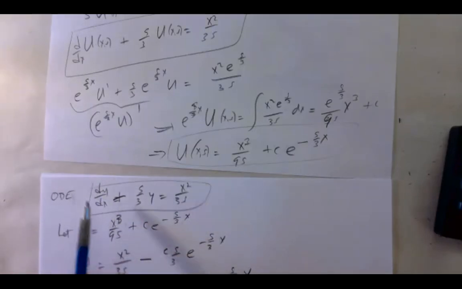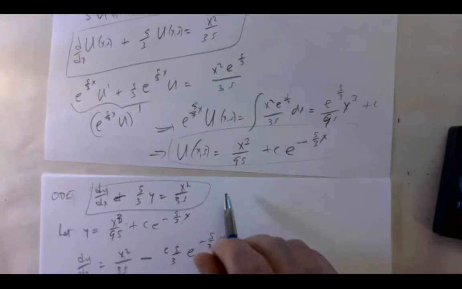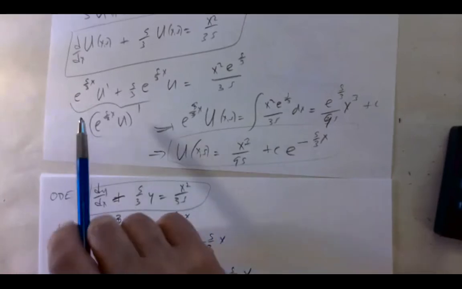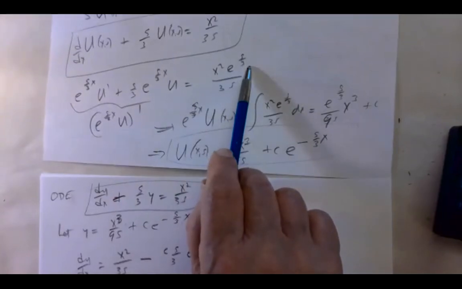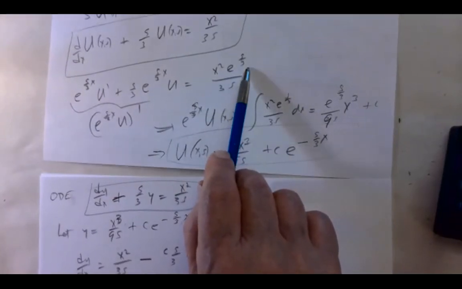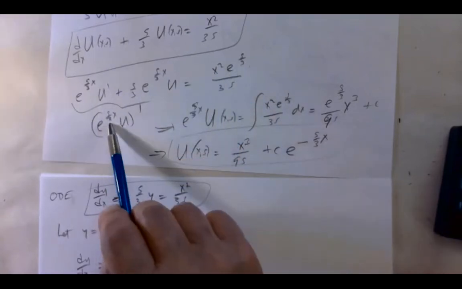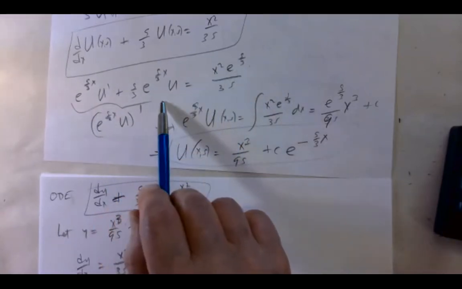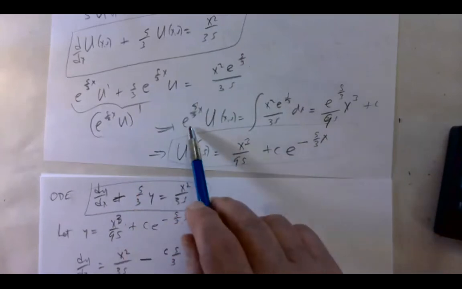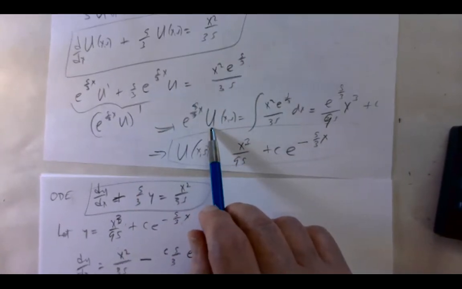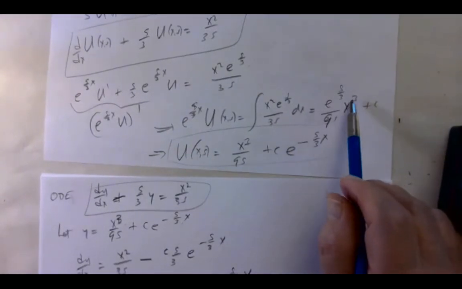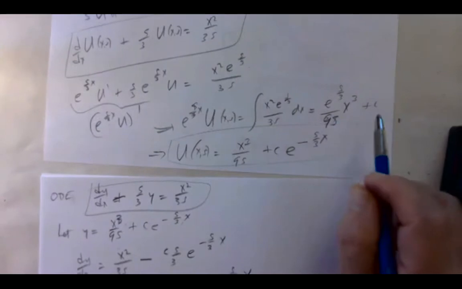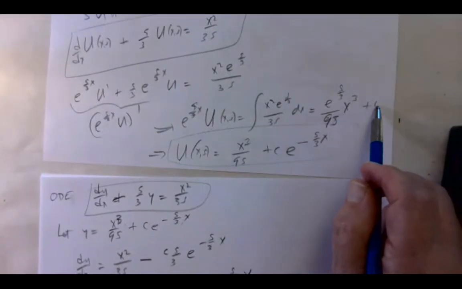Let me just double check this. If this differential equation is okay, then you multiply by e to the s over 3 x. This is e to the s over 3 x u differentiated equals this. So e to the s over 3 x times u is this integral with respect to x. That's x cubed over 9s e to the s over 3 x plus a constant.